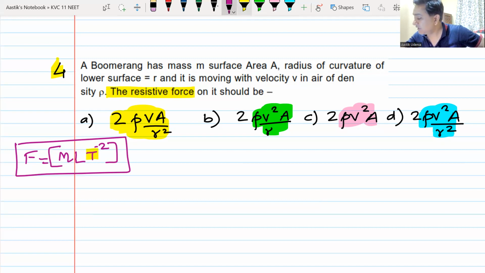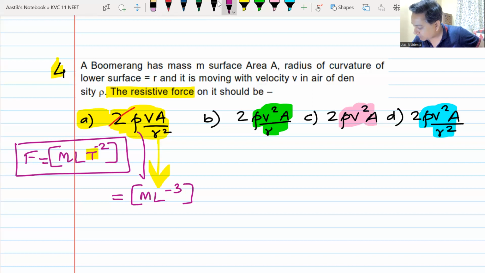Let us check this yellow one, this first one. Let us check the dimension of this one. How are we going to check it? We know on the left hand side we have MLT minus 2. Let us look at what we have on the right hand side. 2 does not have any dimension, so let me take it out. Then I go for the dimension of rho. Rho is density. The dimension of density, my dear friends, is ML minus 3. Yes or no? Do we understand this? Yes, sir. This is the dimension of density.